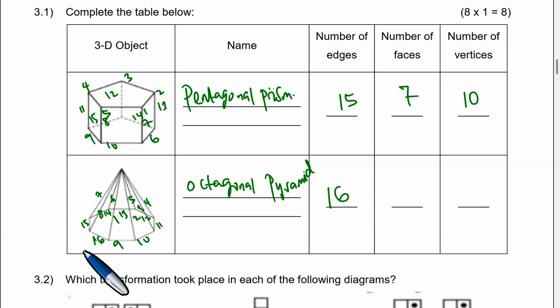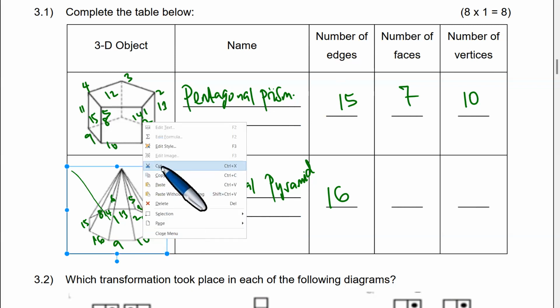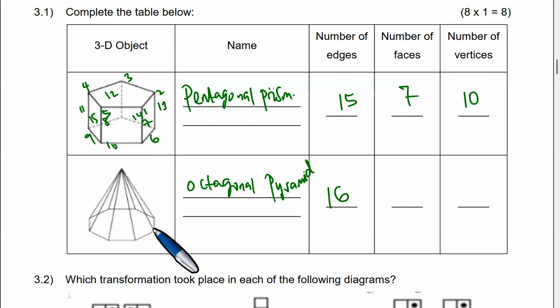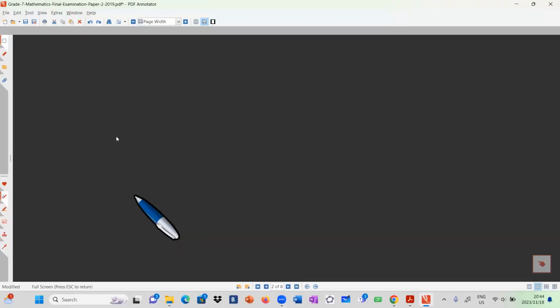Yes, sir, I can erase them because they make it a bit unclear. Let me just erase them. Right, so I've erased them.